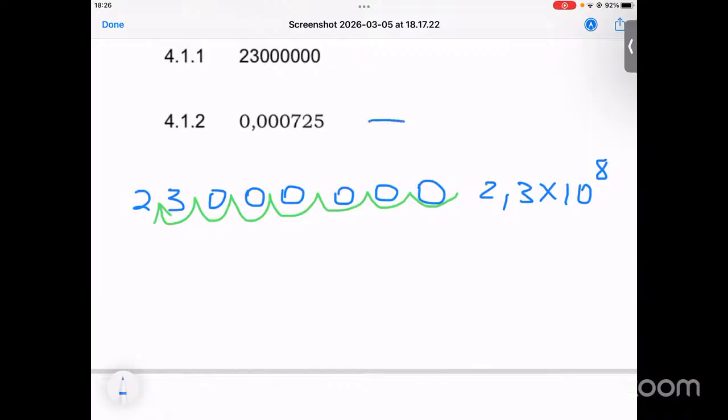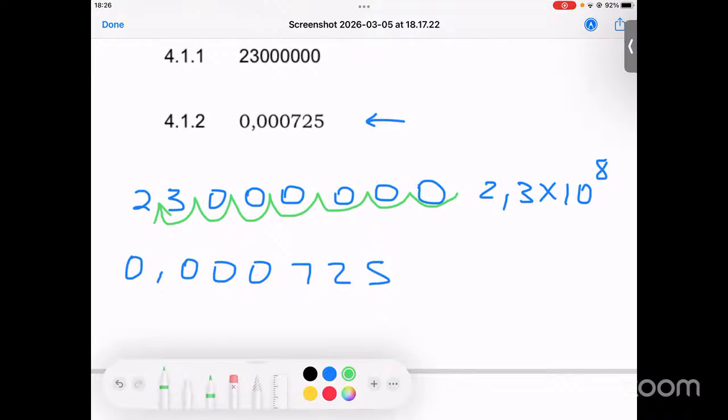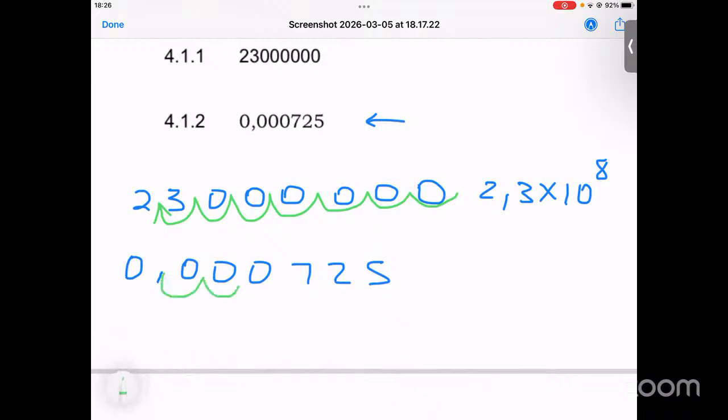But this one, whereby it is 0 and then followed by a comma there, then you are having, let's say 1, 2, 3, and then maybe you are having that 725 there. Then for this one, I would start counting from the comma and say 1, 2, 3, 4.